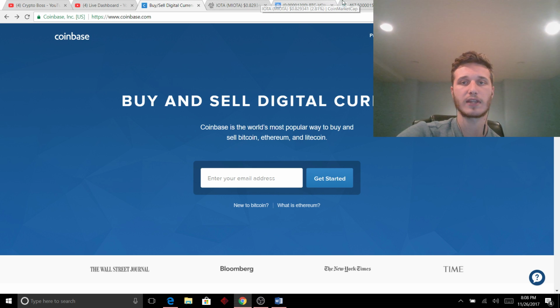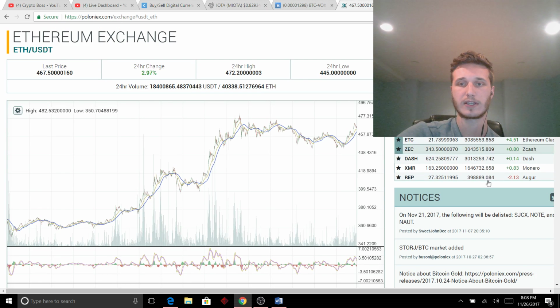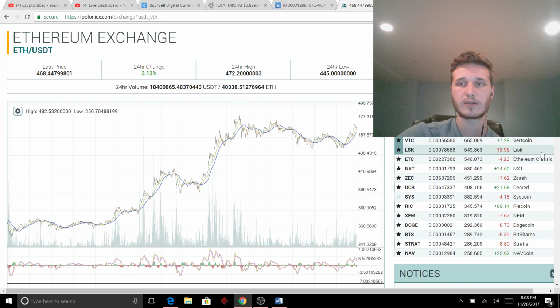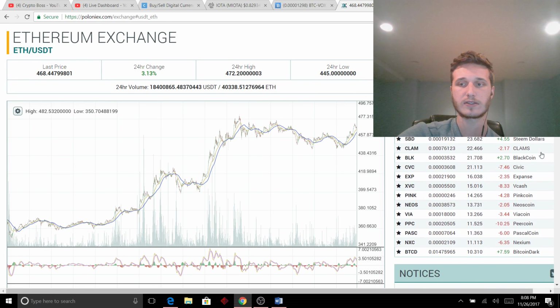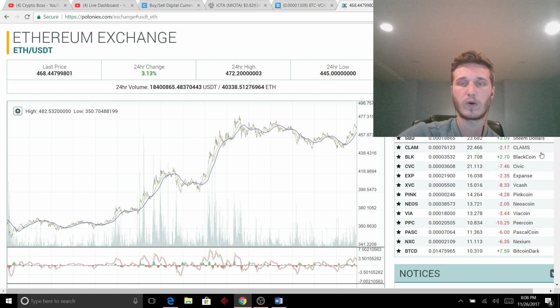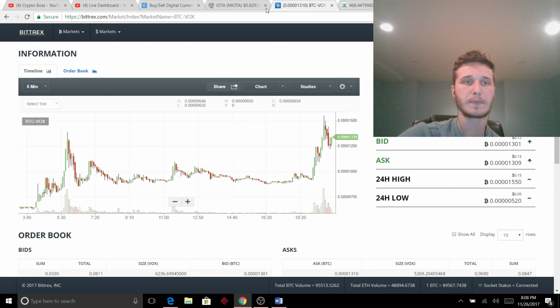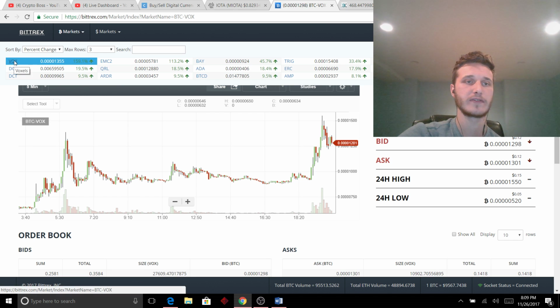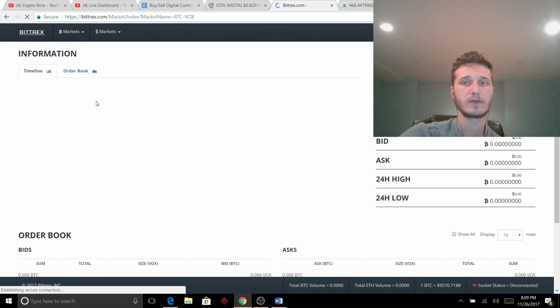Because if you looked at that, that's like 10 coins or so. But when you go to Bitcoin versus other coins, you can see that there's a lot more. And then Vox is up 159% today now.